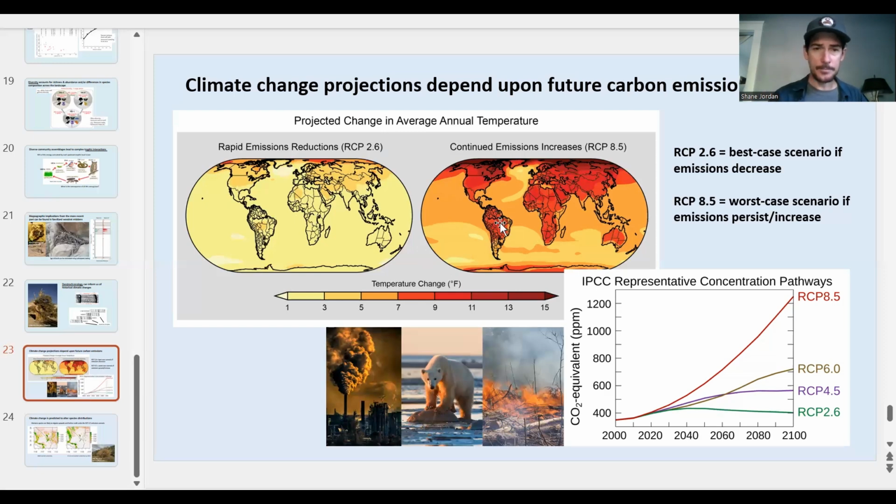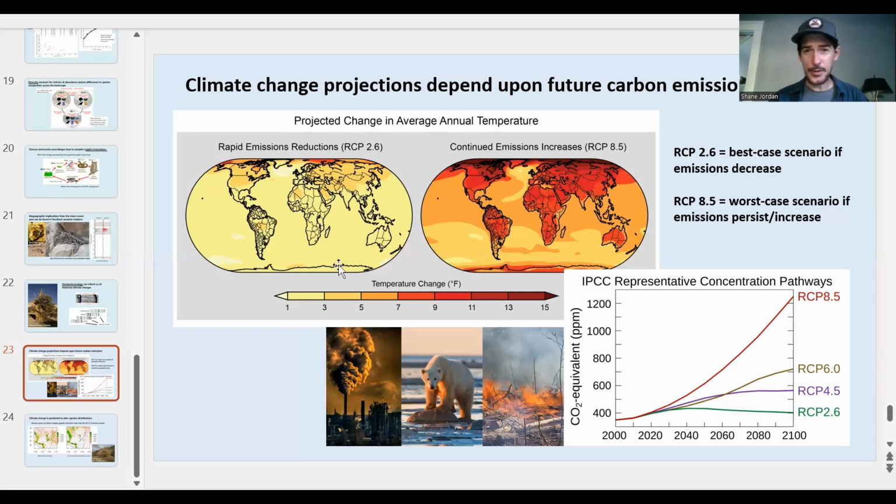So, for example, if we think about the RCP 2.6 scenario, which is, again, our hopeful scenario, and we look at how temperature change is projected to happen in the next, say, 100 years, it's not going to change by very much. Maybe somewhat at more extreme parts of the globe, maybe around the poles, but by and large, a lot of temperature change is not expected.